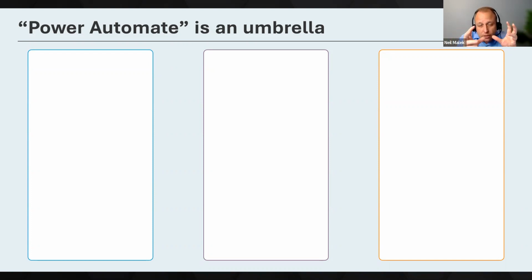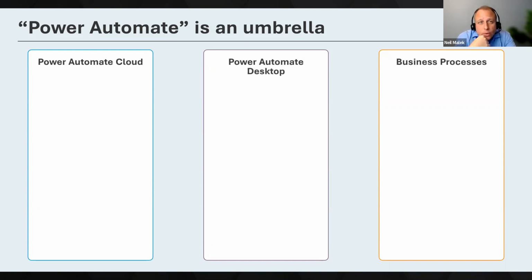So these days, the program called Power Automate is not actually one program anymore. The one that we're going to be talking about most today is what we call Power Automate in the cloud, the online tools for online services. There are also, however, Power Automate Desktop and Power Automate Business Processes.